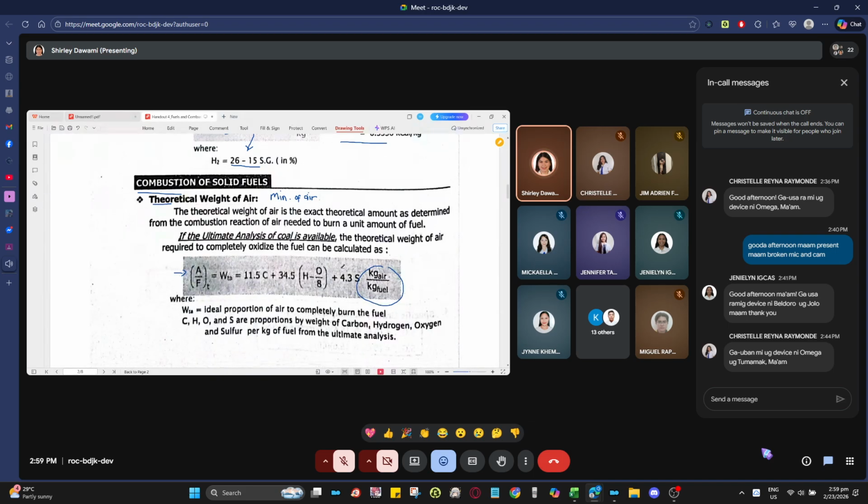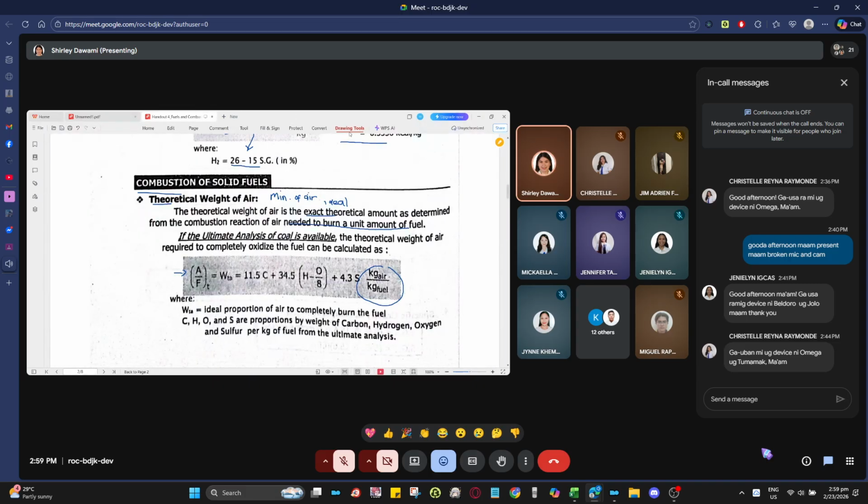Okay? So theoretical weight of air is the exact, or what we call ideal, amount of air as determined from the combustion reaction, needed to burn a unit amount of fuel.